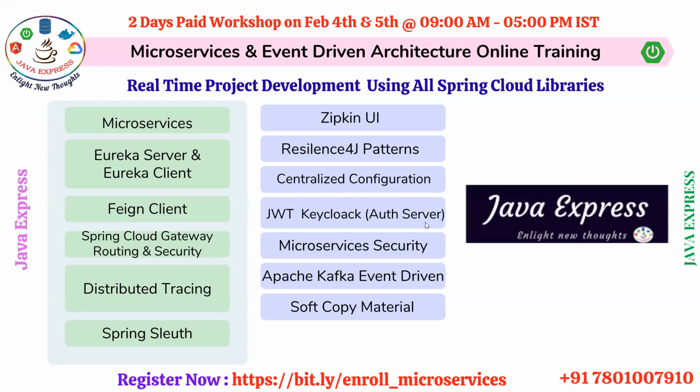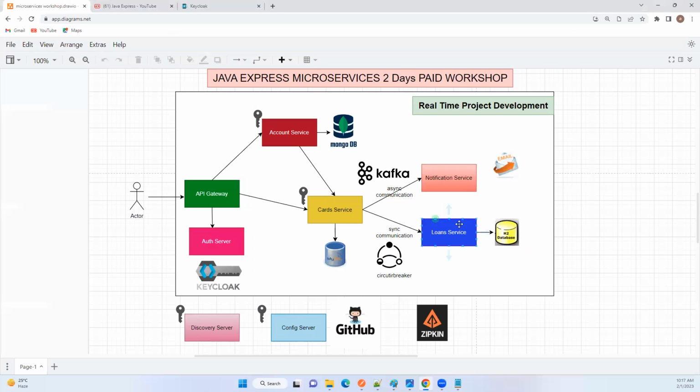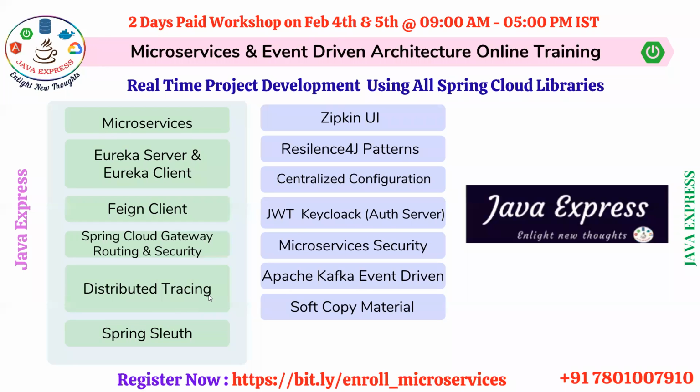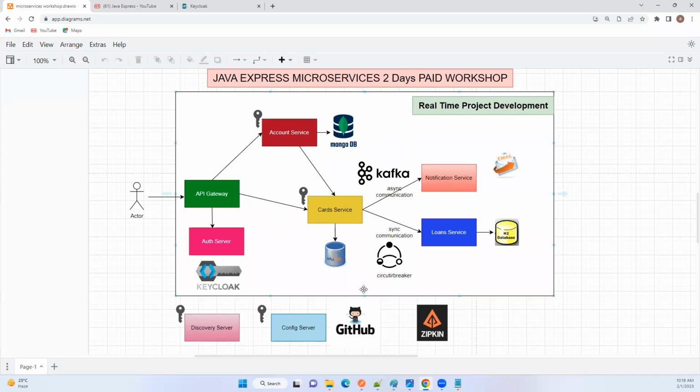Where we are using the auth server, when you make a request to the gateway it will travel through all the services. But maybe millions of users can access your application, so how can you track it? For that kind of tracking we are using distributed tracing and the Spring Sleuth mechanism. We are going to use this architecture for development here.